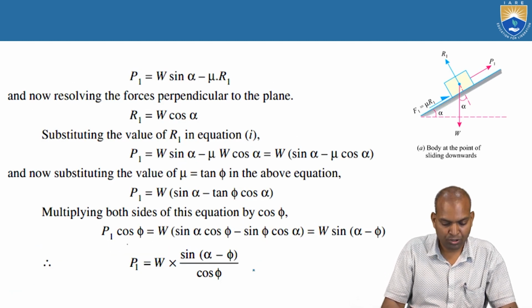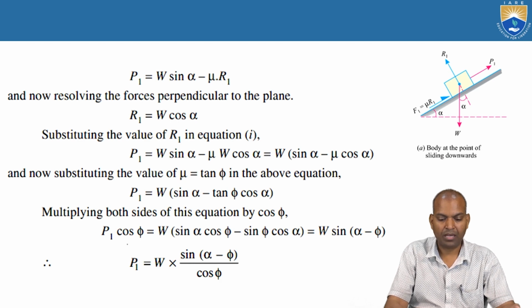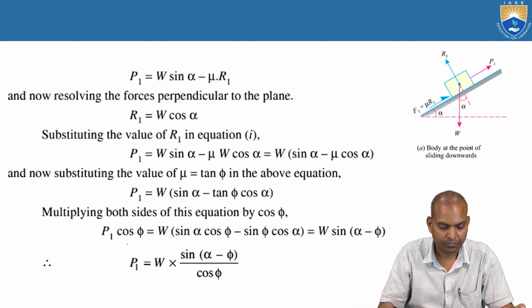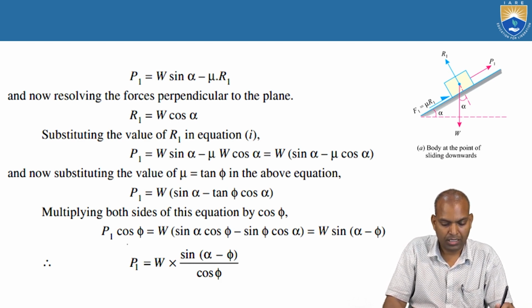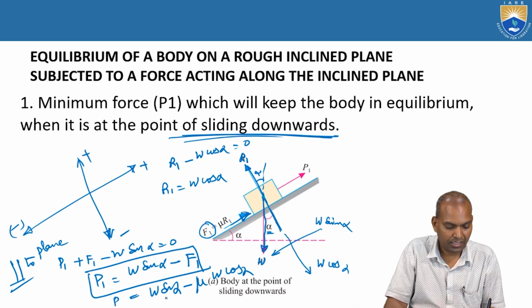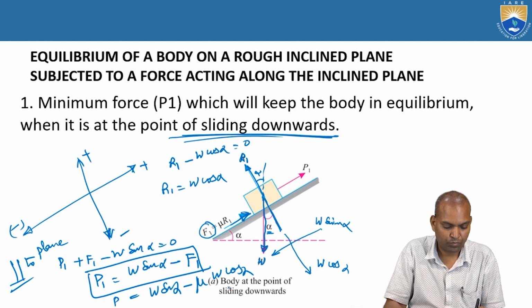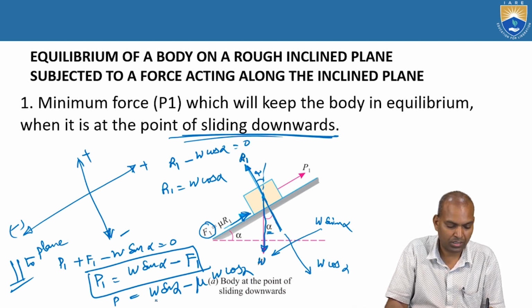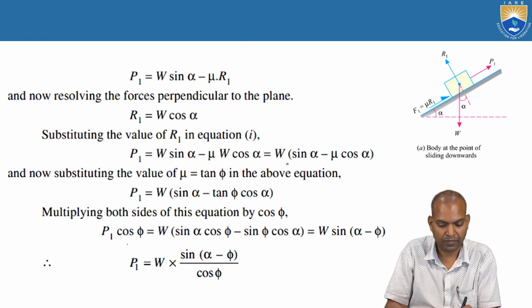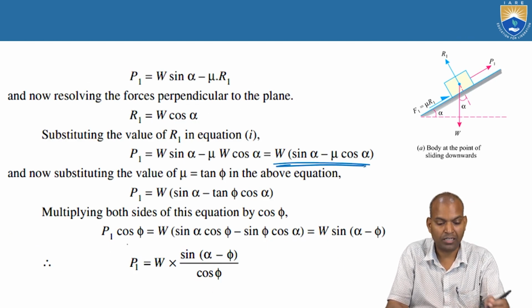Now we will make it systematically. What did we calculate? W sin alpha minus mu times W cos alpha, that is W times (sin alpha minus mu cos alpha). How did we calculate it?